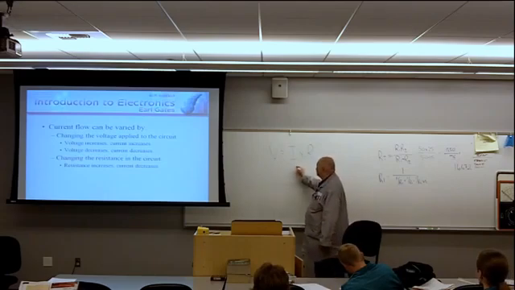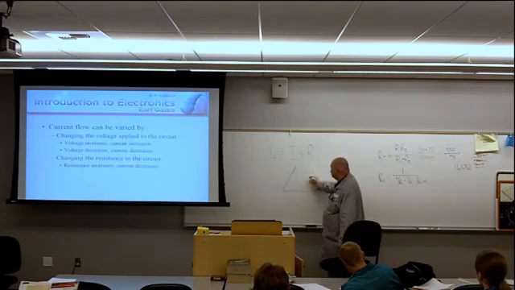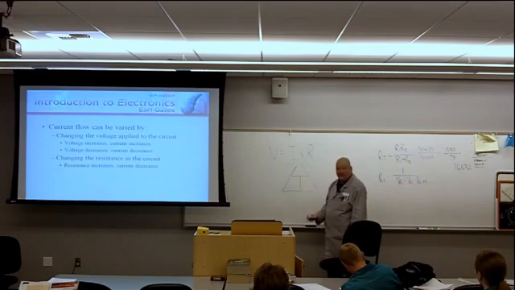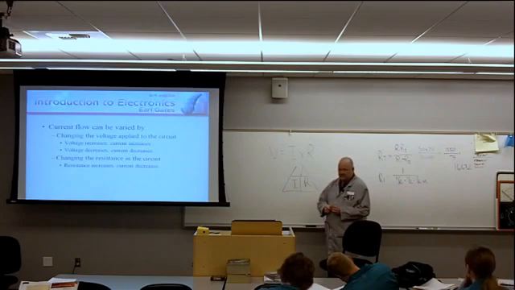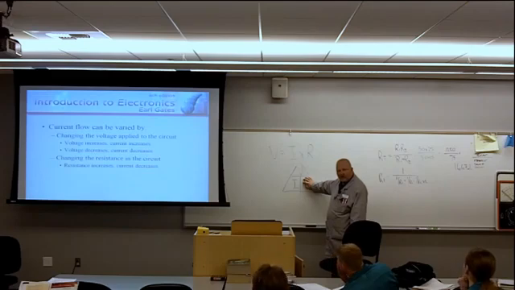Now, remember that trick that I showed you with the triangle? V on top, I and R below. Let's put this in that. So now you've got all the other variables. If I ask you how much resistance is in a circuit, you cover R up, it's voltage divided by current.